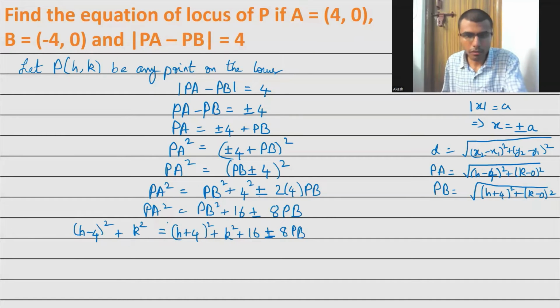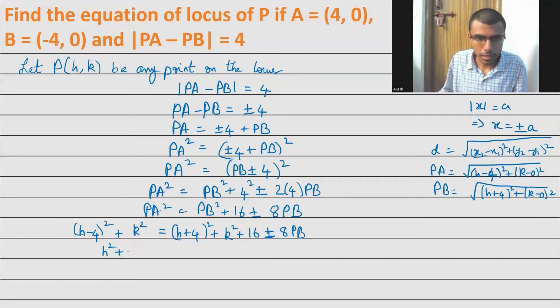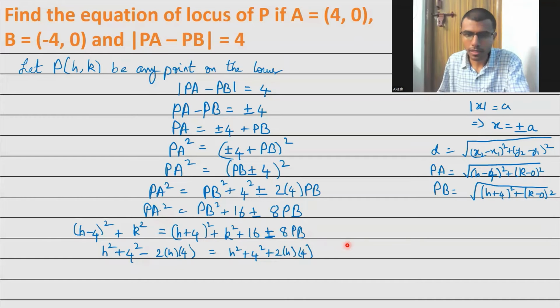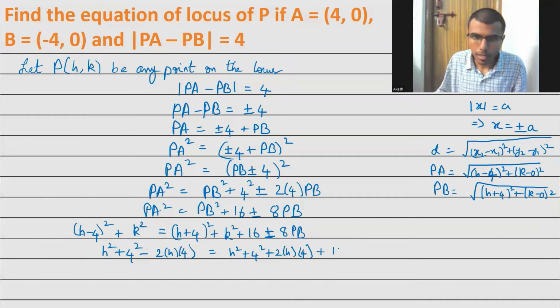So now, here if you observe, k square and k square would get cancelled, and I need to expand these two squares. So I get h square plus 4 square minus 2 into h into 4 is equal to h square plus 4 square plus 2 into h into 4, and then plus 16 plus or minus 8 PB.